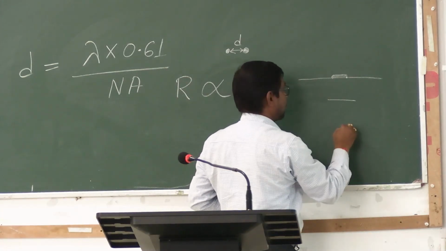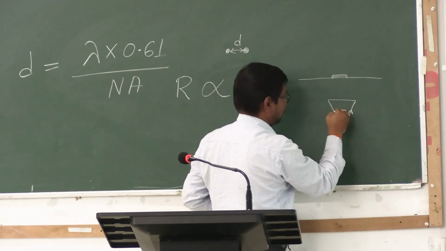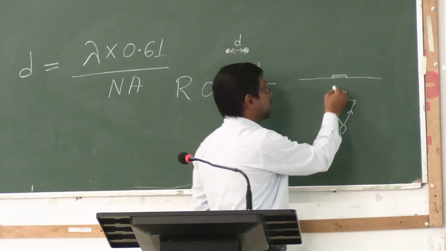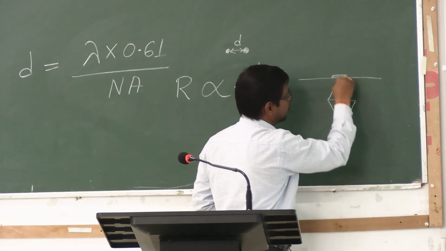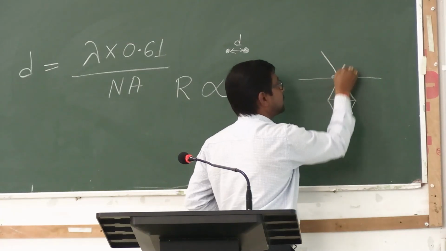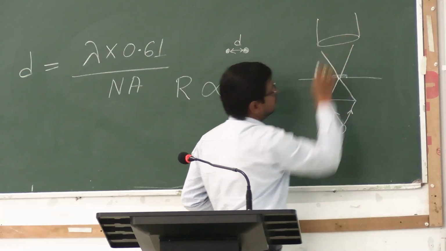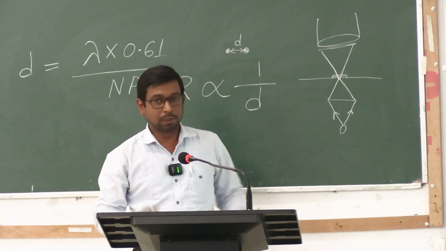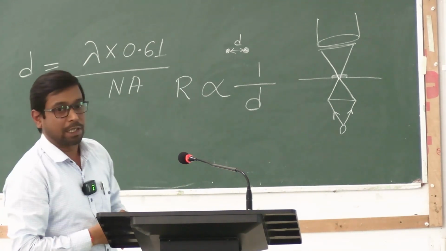The light goes to the condenser lens, and the condenser lens will condense this light, and again it will go like this to the objective lens, right? This portion is called numerical aperture. The light will form a cone, and that cone is called numerical aperture.